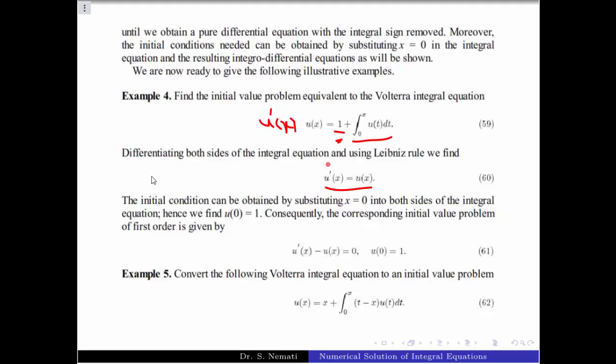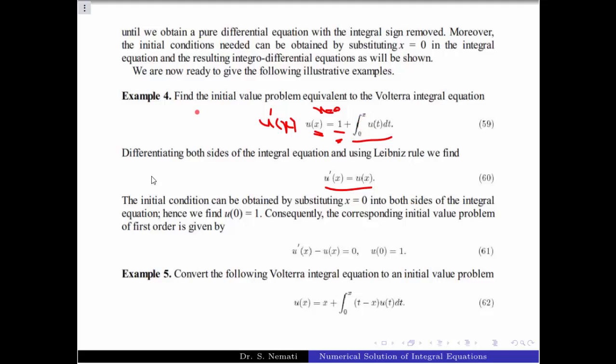For obtaining the initial condition, we just need to put 0 instead of x in our equation. If we set x equals 0 in both sides of this integral equation, in the left side we have u of 0, and in the right side we have 1 plus the integral of u dt from 0 to 0.